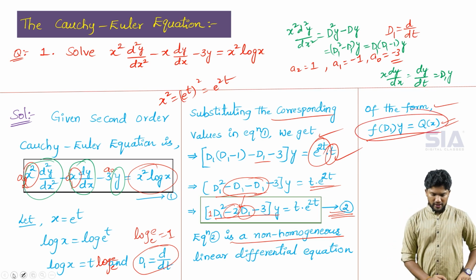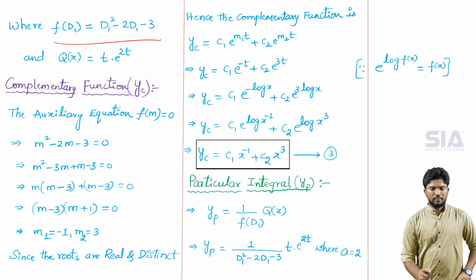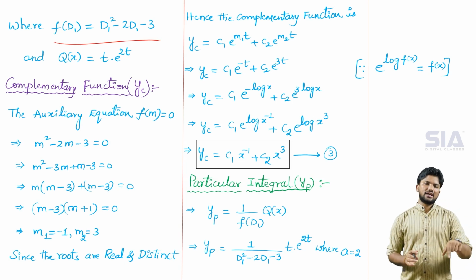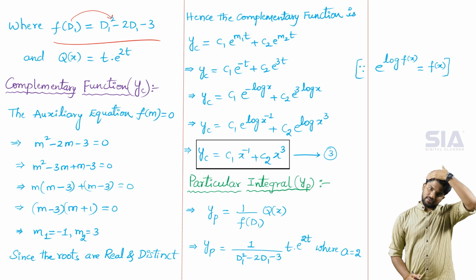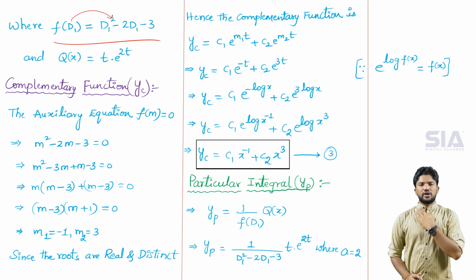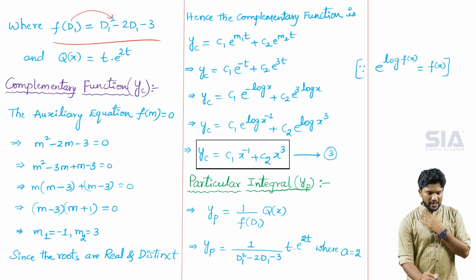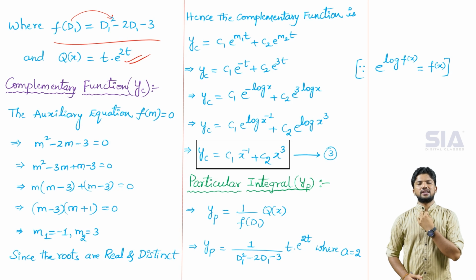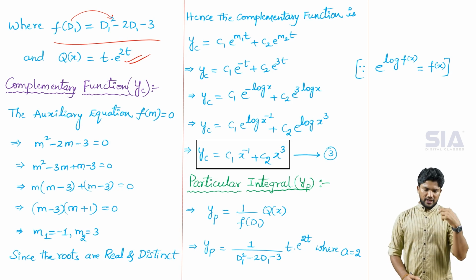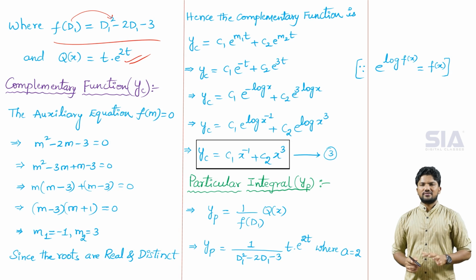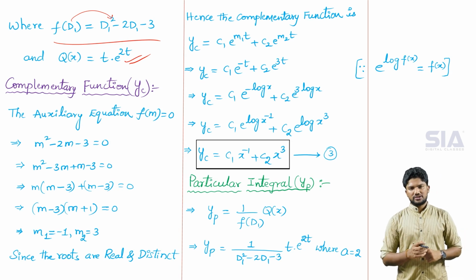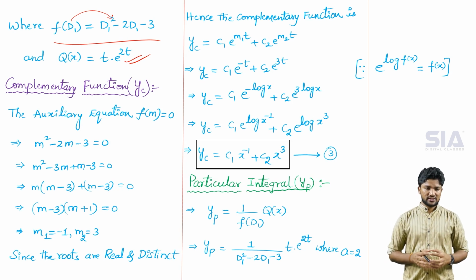Now after converting, you can compare the given equation number 2 with that general formula: f of D suffix 1 is equal to D suffix 1 whole square minus 2D1 minus 3, and the RHS part q of x is equal to t into e power 2t. In unit 3 we discussed very clearly one of the methods to find the solution of a linear differential equation with constant coefficients.